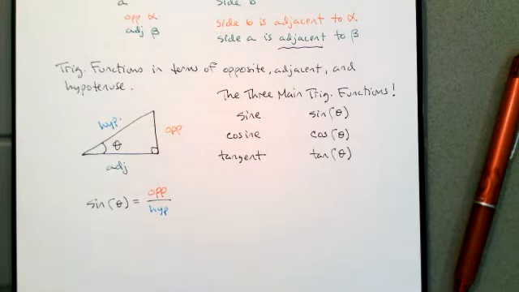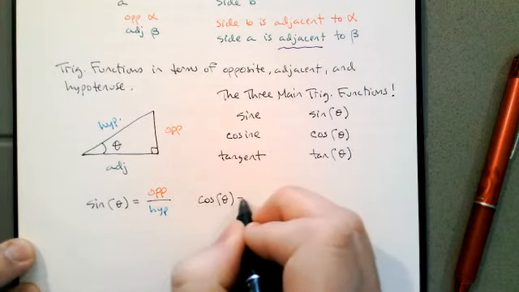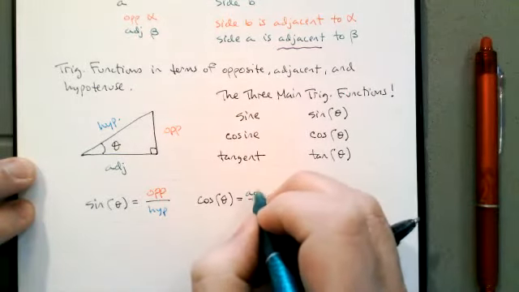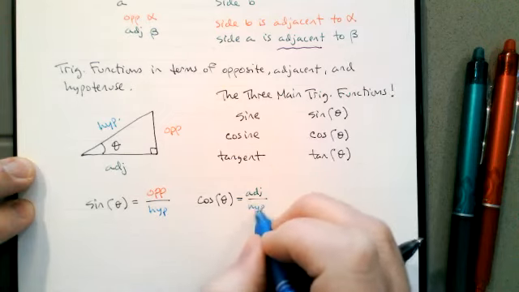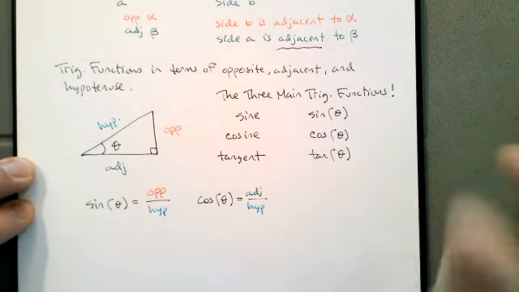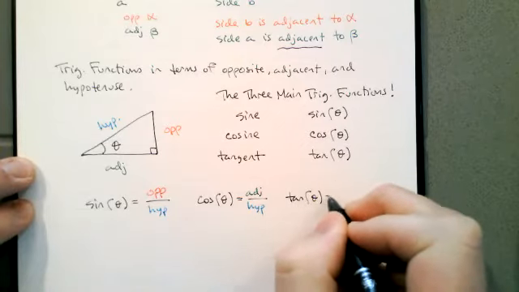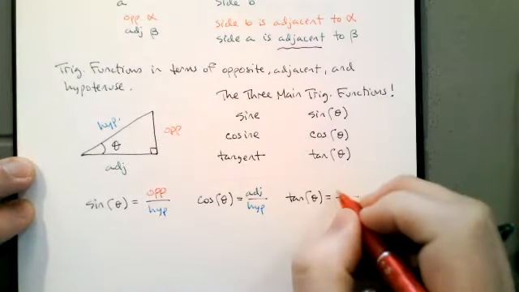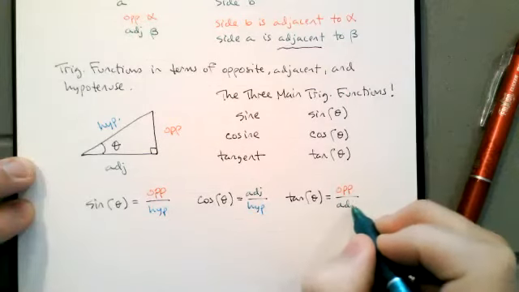The cosine of theta is the ratio of the side adjacent to theta to the hypotenuse. And the tangent of theta is the ratio of the side opposite to the adjacent.